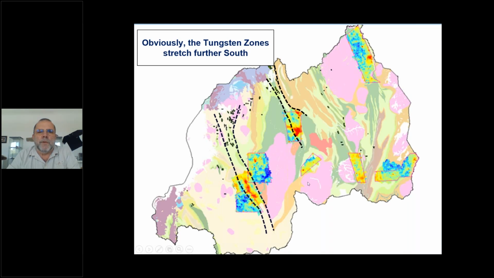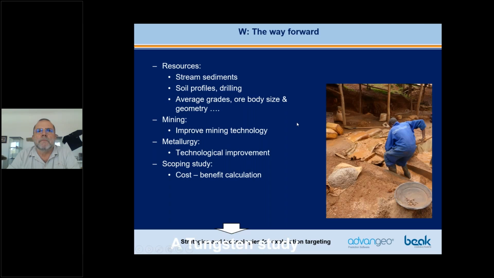Related to the bigger picture, we can see that probably tungsten mines known in this part of the country, or tungsten deposits known from this part of the country, those are known deposits, stretch further in these metallogenic belts. Yeah, this is an image or picture showing the processing of the tungsten ores. Very, very simple technology.